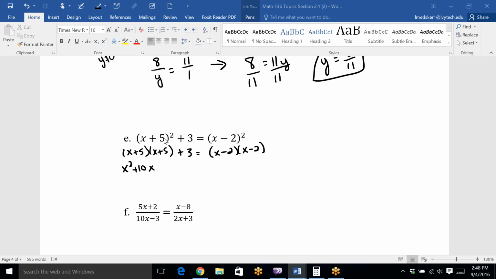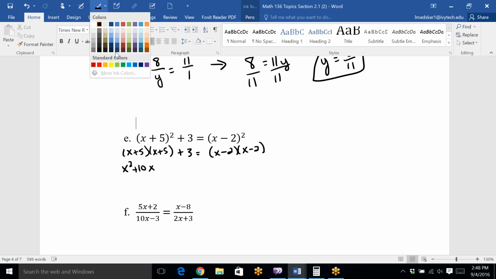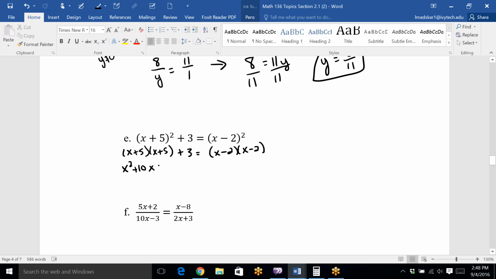Okay, so this is plus 10x, and then we'll have 5 times 5, which is positive 25. Bring down the plus 3. If we distribute this, x times x is x squared. We'll get a negative 2x and another negative 2x from the two different FOILs. So that would be negative 4x. Negative 2 times negative 2 is positive 4.